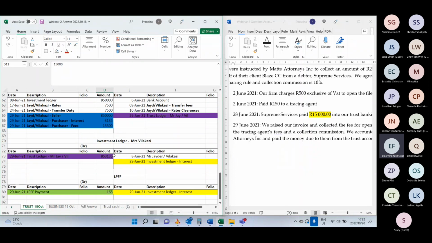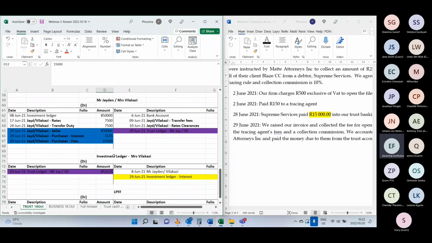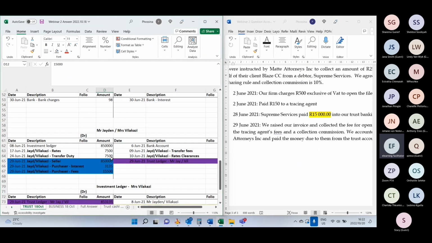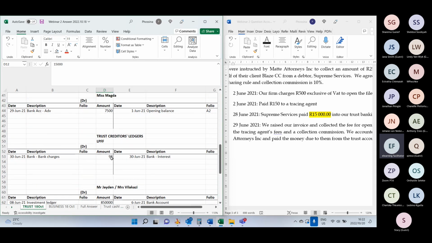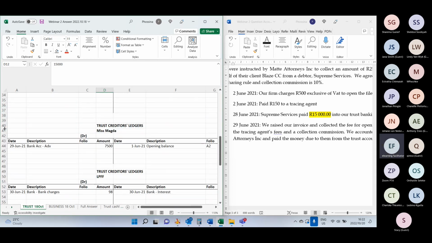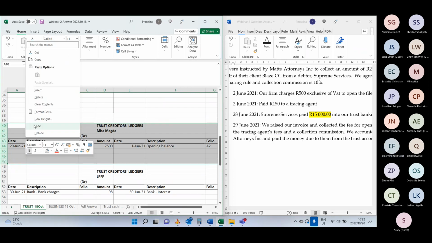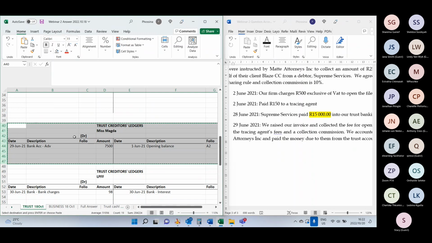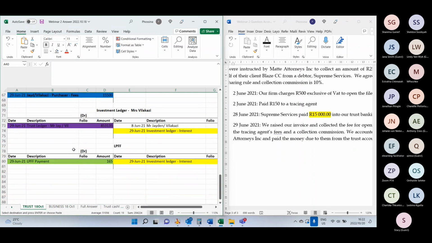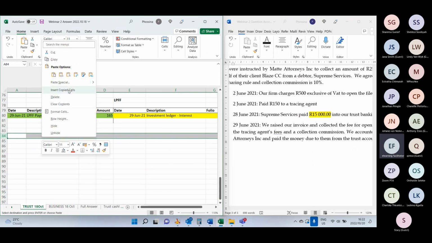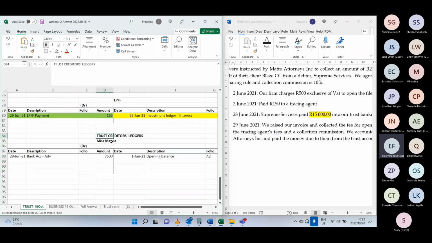We need to create a ledger, and this ledger is going to be for our correspondent. So what I'm going to do is copy one of the ledgers and paste it. I'm going to copy this one, and then put it here at the bottom, and we are going to change it.